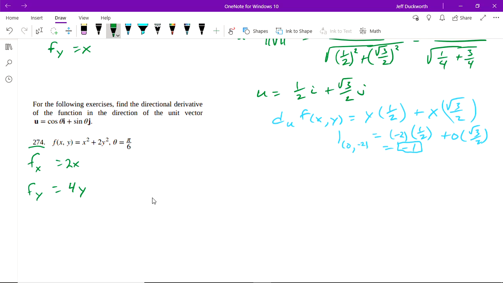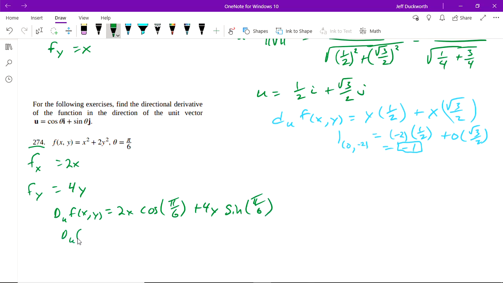So what we have here, the directional derivative, is going to be 2x times cosine of our theta, which is pi by 6, plus 4y times sine of the same pi by 6.